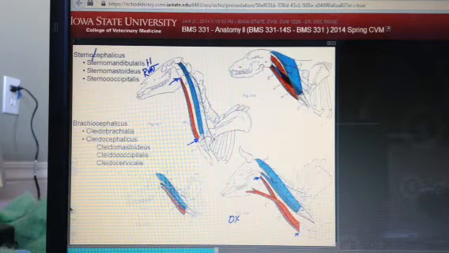In the case of the ox, we have a sternomandibularis. It's inserting on the mandible. In the goat, this insertion is moved in this direction, and it's now inserting on the fascia overlying the zygomatic arch.